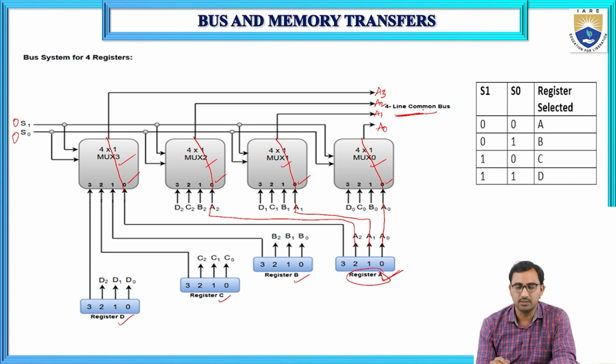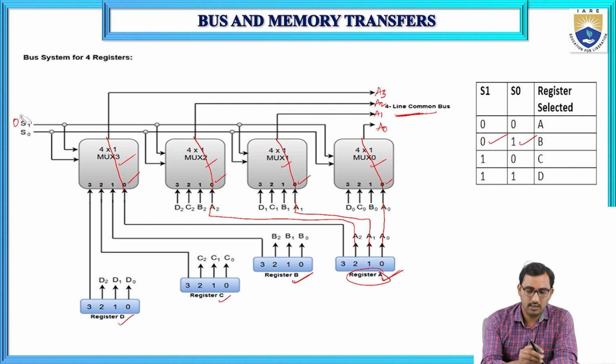4-line common bus. And if you want to transfer the contents of B to another device or another register, then we have to choose the selection lines as 0, 1. That means S0 as 1 and S1 as 0.